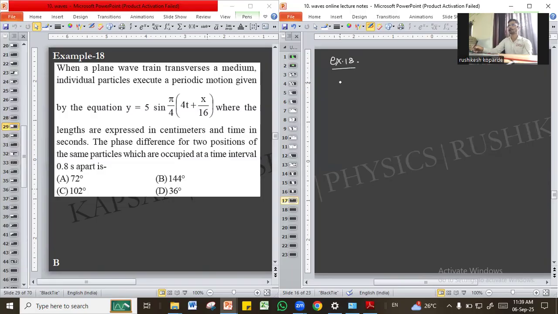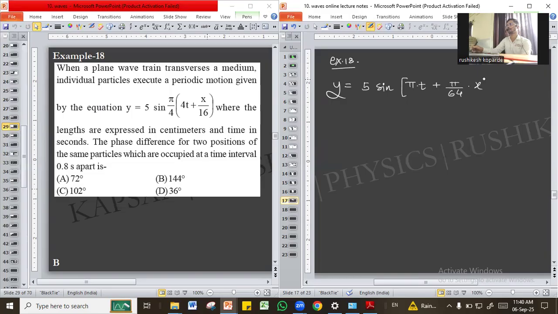When a plane wave train traverses a medium, individual particles execute simple harmonic motion given by the equation y equal to pi sine, take that pi by 4 inside, pi t plus pi by 64 into x.